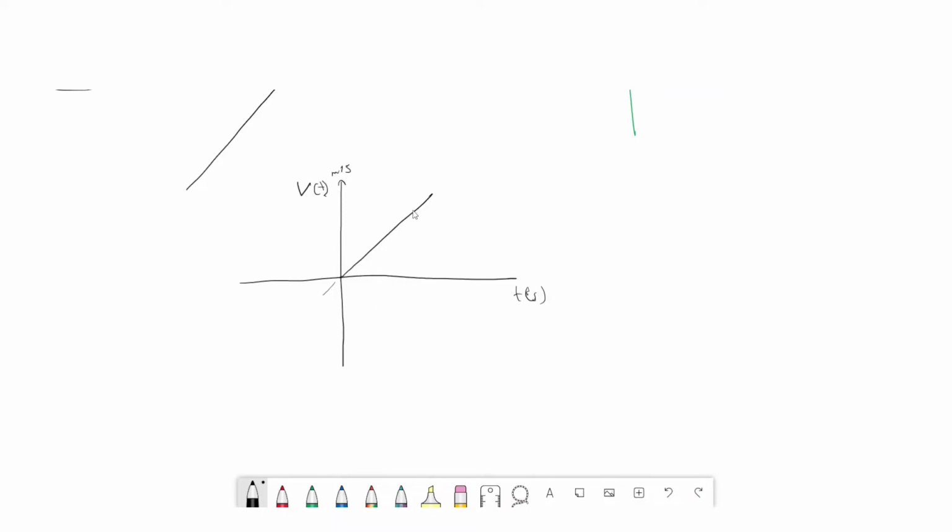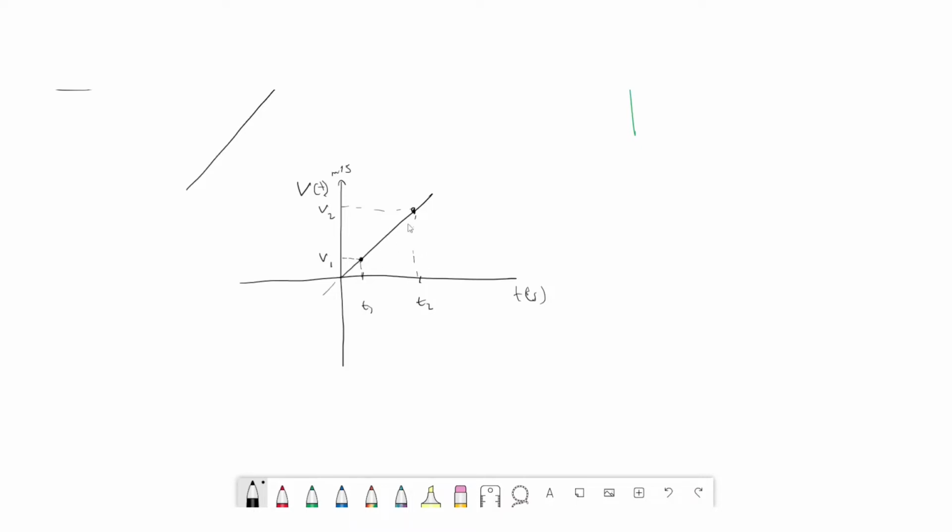I can find this point, I can find that point, and then this is going to be T2, and this is going to be T1, and then I can say this value is going to be V1, and that value is going to be V2, like that.